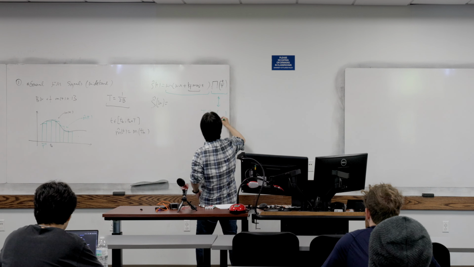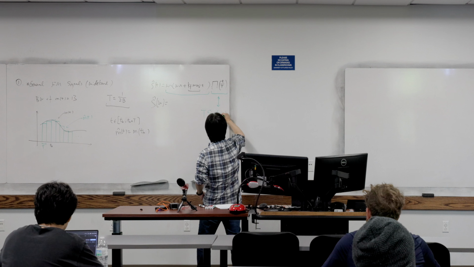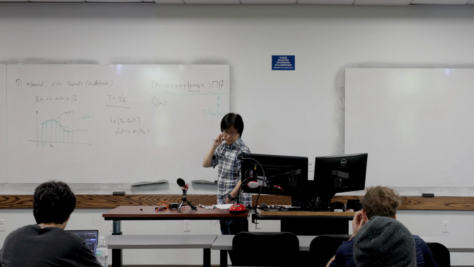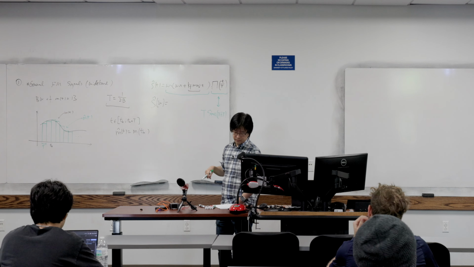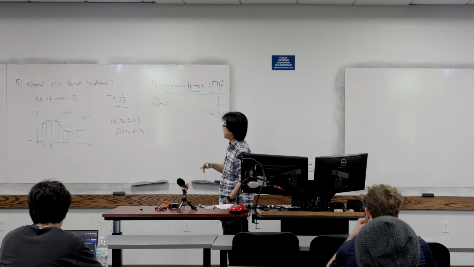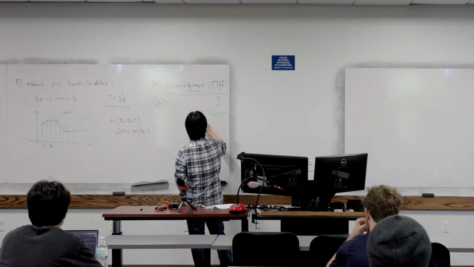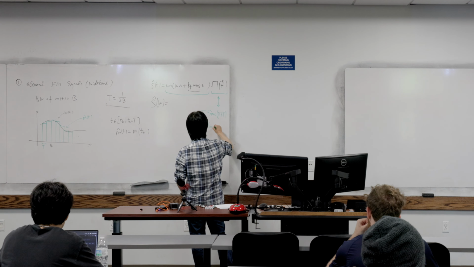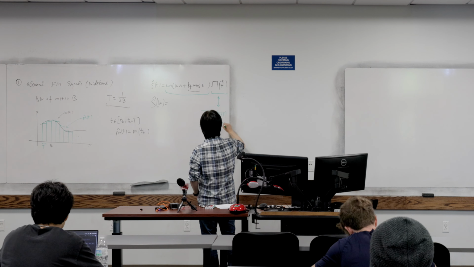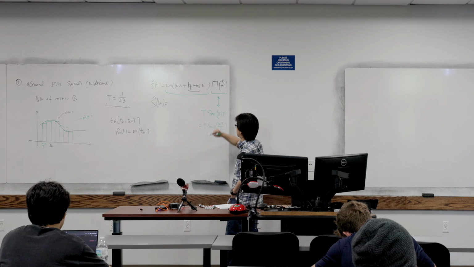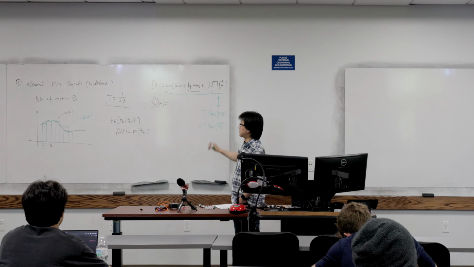So we put a T here, I think here is pi f T, if I remember correctly. Because we're going to write everything in omega, that equals omega T divided by 2, because we need to put a 2 here, then divide by 2. So that's what the signal looks like.